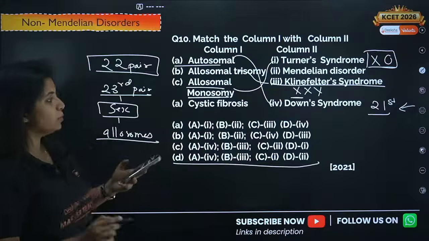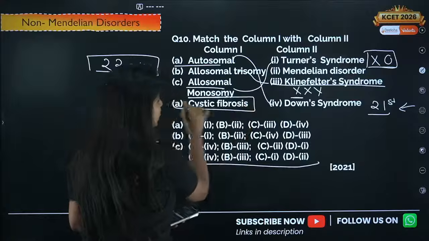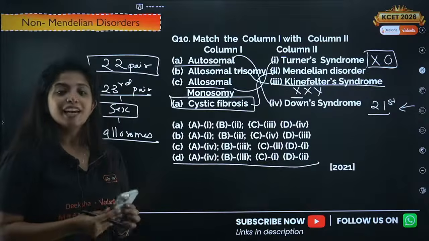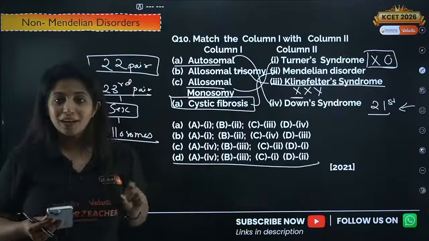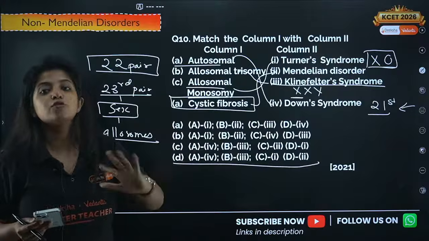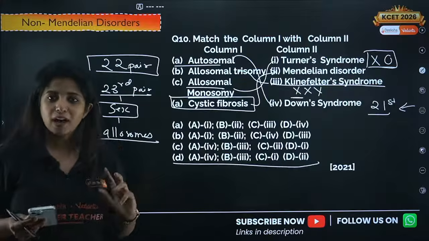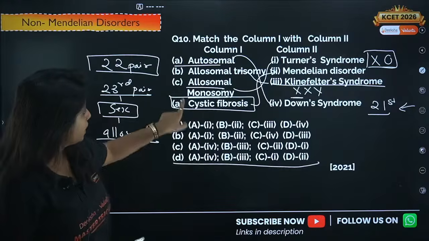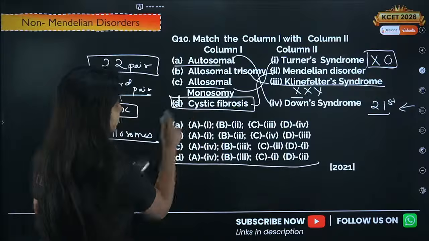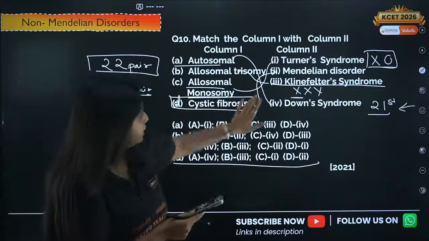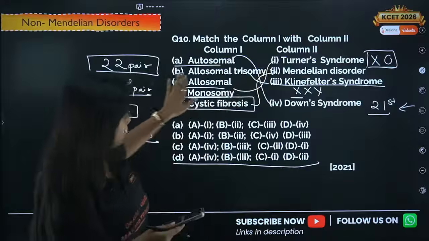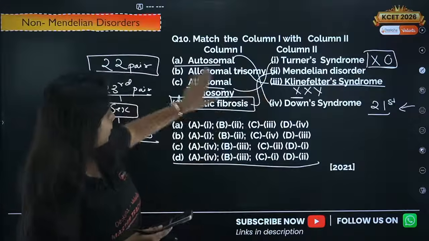Because there is only one chromosome, you call this monosomy, and since it is with the sex chromosome, you call that allosomal monosomy. Now, cystic fibrosis, my dear children, is a Mendelian disorder. It is not chromosomal. It's because your gene is mutated, not because the number or structure of chromosomes has a problem. So over here it's D, not A. D goes with 2, C goes with 1, B goes with 3, and A goes with 4.